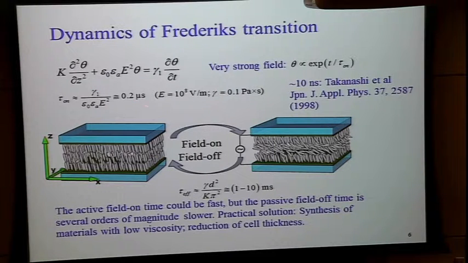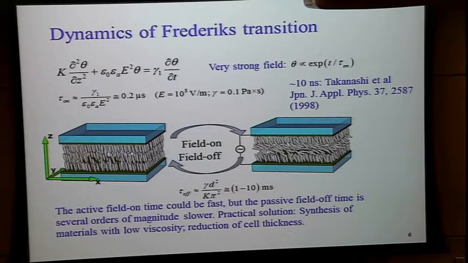With typical values, you're getting, well, not typical, but this is kind of on the higher end, 0.2 micrometers. Now, if you remove the field, then there is a relaxation time when the director goes back to the planar state, and that is defined by this term now and this term. And even from dimensional analysis, except for this pi squared, you could find out that the quantity is proportional to the thickness of the cell squared. And this is the problem, because in practical devices, thickness of the cell cannot be very small.